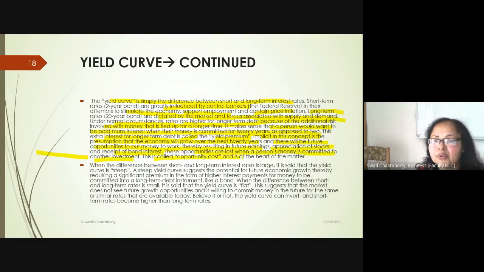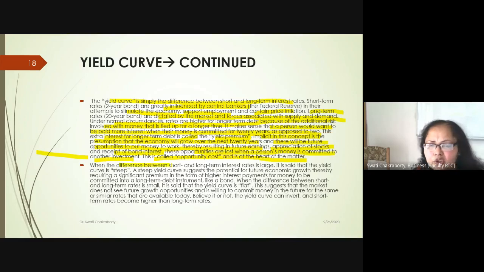So this is the opportunity cost, and that's the most important thing. If you invest for a long period of time, there's always the chance that you could earn more, and get more interest. That opportunity gets lost if you, as an investor, want to invest your money in some other places. So that's the opportunity cost, and to compensate for that, the extra premium, the yield premium, is given.